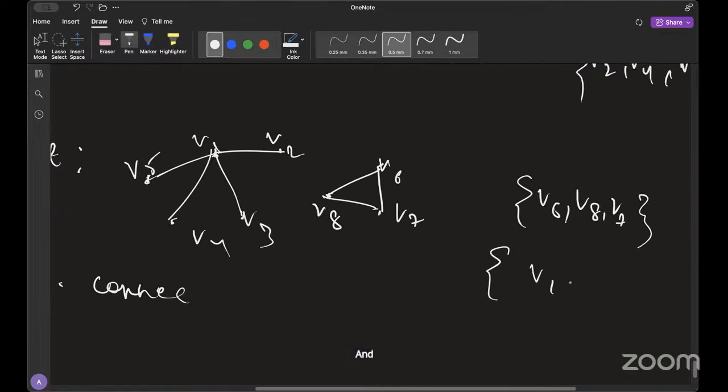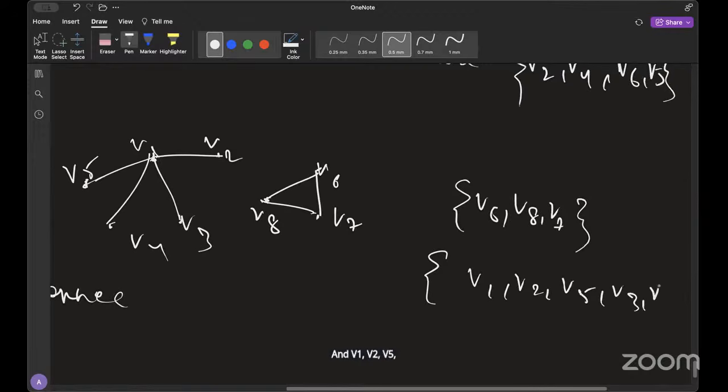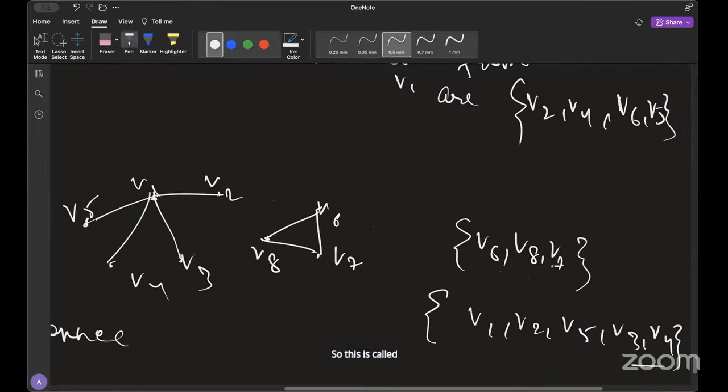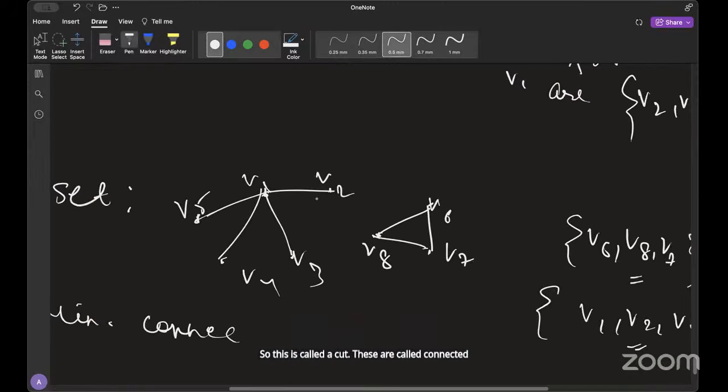And V1, V2, V5, V3, V4 are also connected, right? These are called connected sets. Now, if I remove this edge, it's still connected, right?